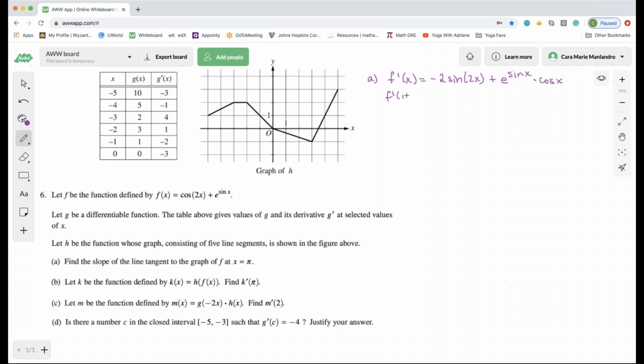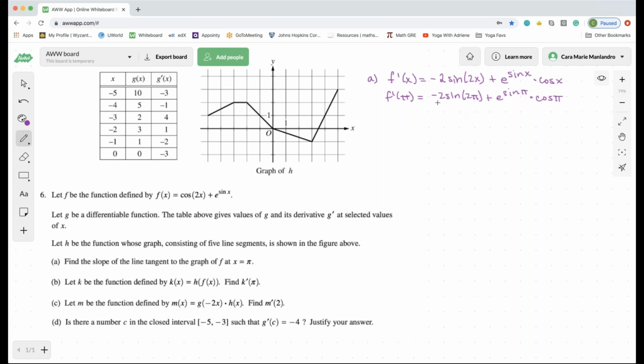And then we just plug in pi. So -2 sine of 2 pi plus e to the sine of pi times cosine of pi.